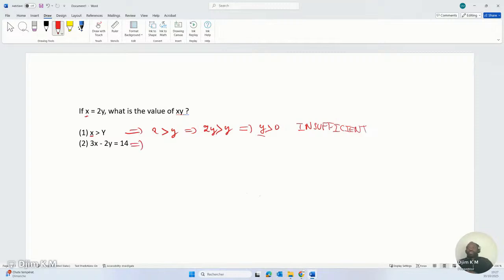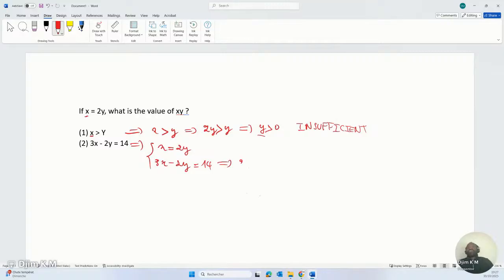Now, if we come to the second condition, we have a system of equations where we have 3x minus 2y equal 14. If we want to find the value of y first, we can replace x by 2y here.